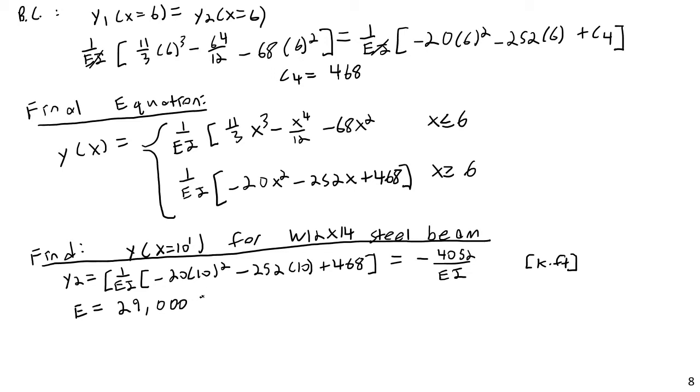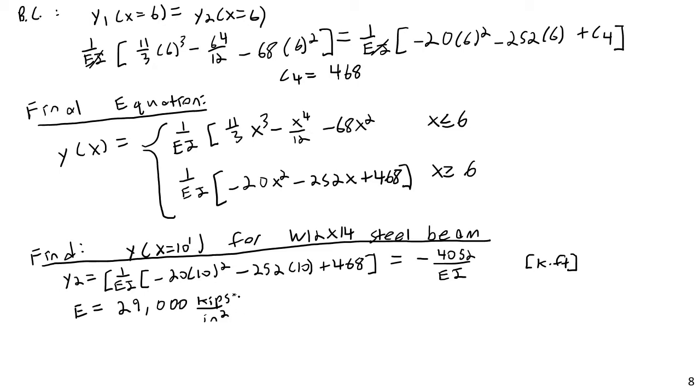So, 29,000 KSI. And so I'm going to have to use a very odd unit for modulus of elasticity that we're not used to using, and that is kips per square foot instead of kips per square inch. Something kind of odd, but that's not really difficult to convert. Let me write this as kips over inches squared.